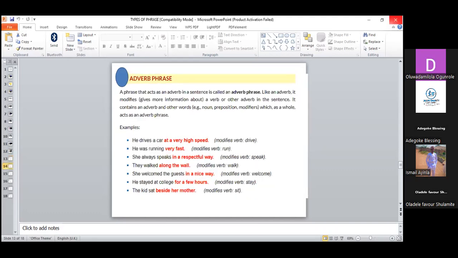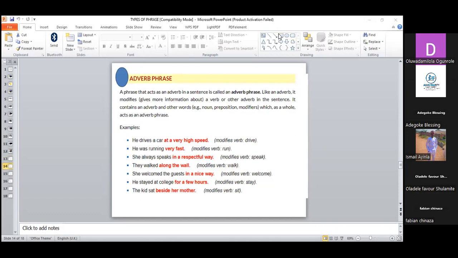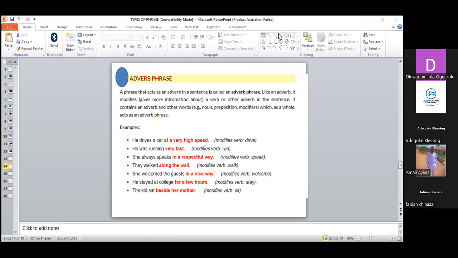And from there, we move on to the adverb phrase, where an adverb phrase works to modify a verb or gives us more information about the verb or the action taken in the sentence.